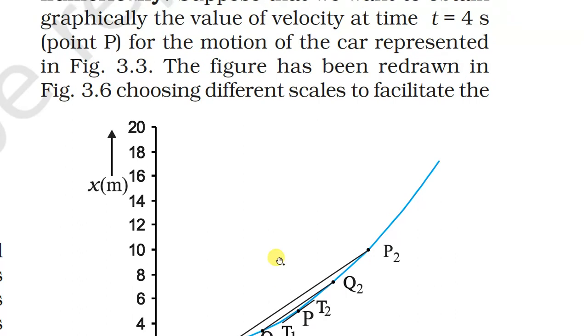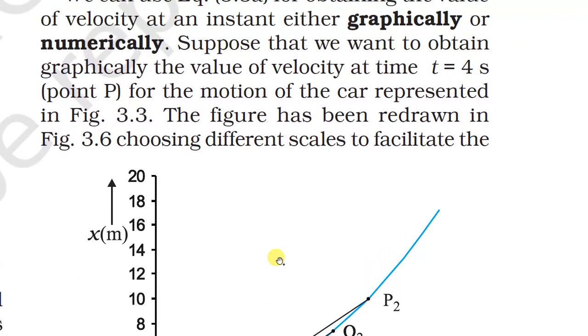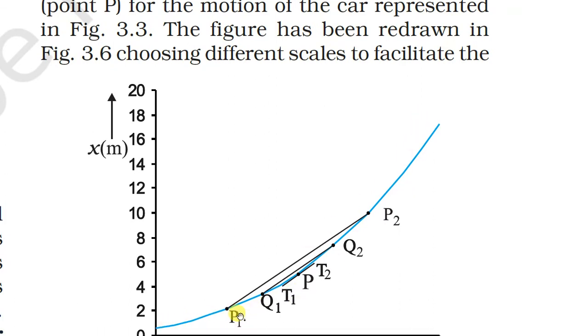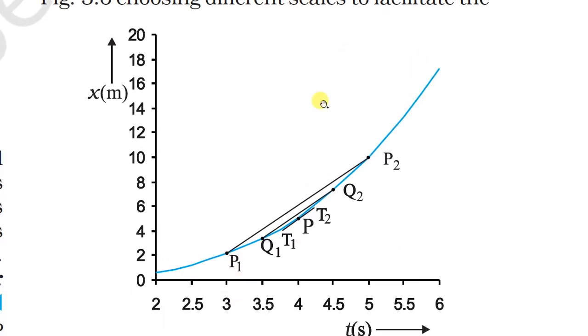Whenever we are discussing it, suppose our graph is a curve, not a straight line. If it were a straight line we could calculate by the slope, but here the speed changes continuously with respect to time. It keeps increasing, so it is a continuously changing velocity.